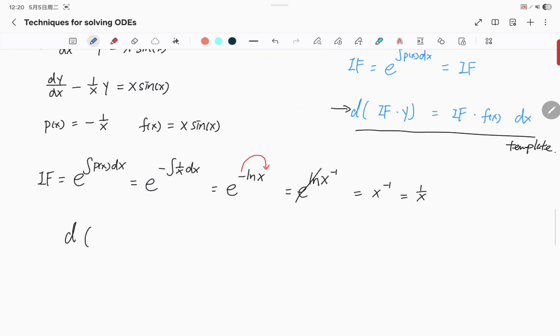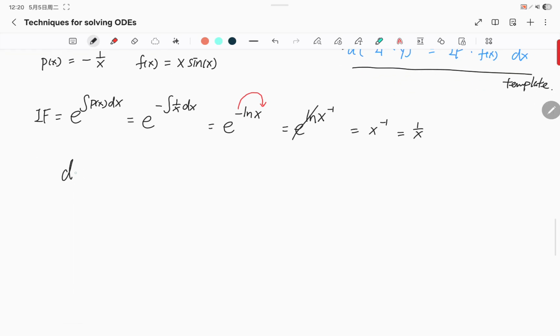The d was removed by integrating, but now let's do it step by step. So we have d of 1 over x, which is my IF, times y is equal to my integrating factor times f of x dx.